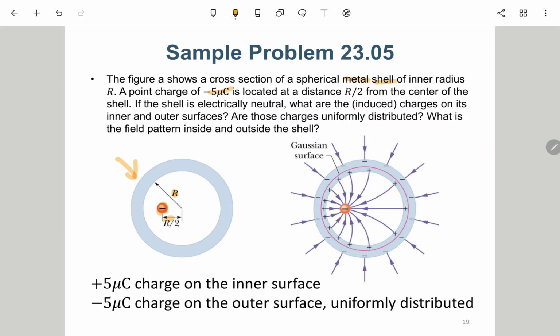If the shell is electrically neutral, what are the induced charges on its inner and outer surfaces?